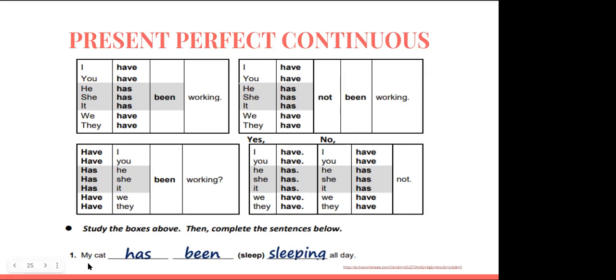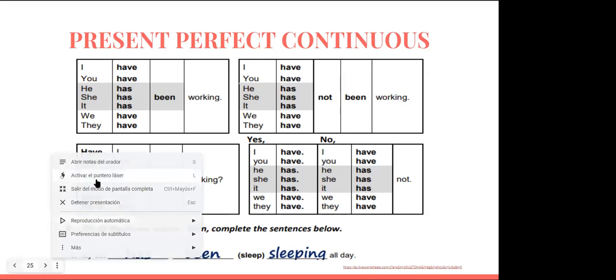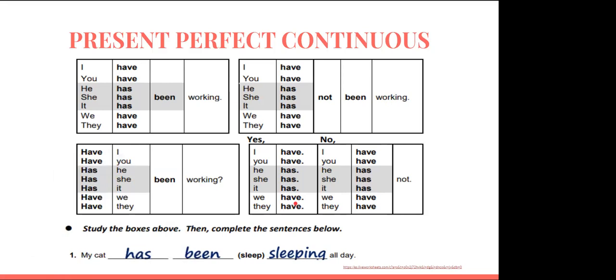One of them, we have lived in London for 6 months. But because it's the present perfect continuous tense, then we have been living, right? Okay.